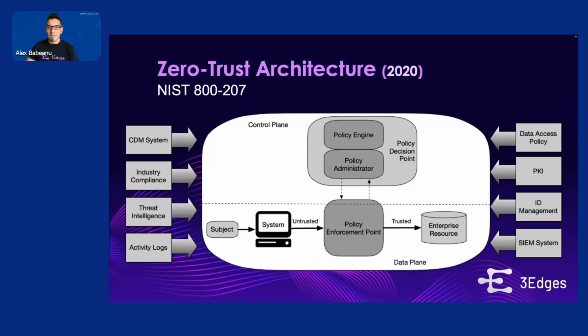To give you an idea of what that looks like from an organizational standpoint, this is the NIST reference architecture for zero trust. You can find this publication under the number 800-207. But you will notice that the central piece of this zero trust infrastructure is this policy decision point and this policy enforcement point.